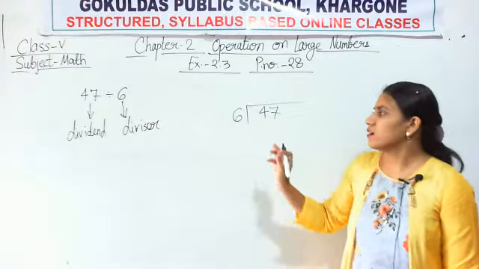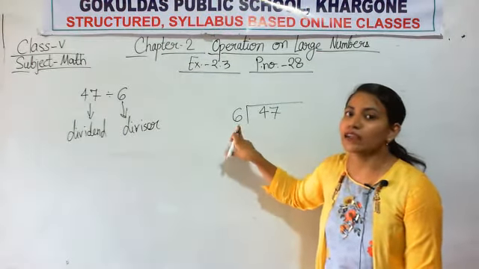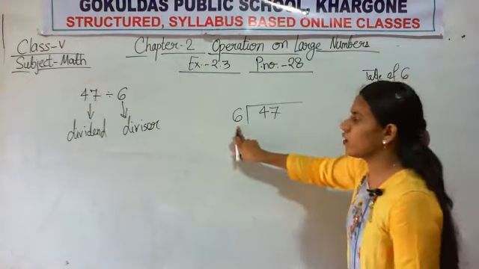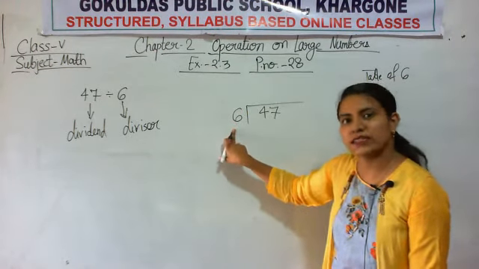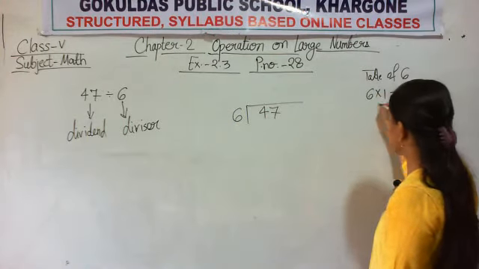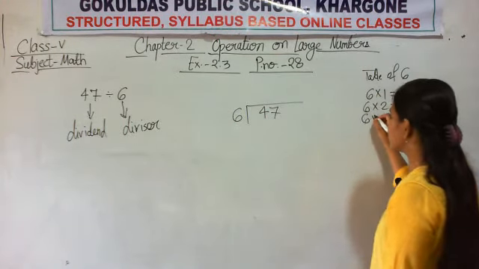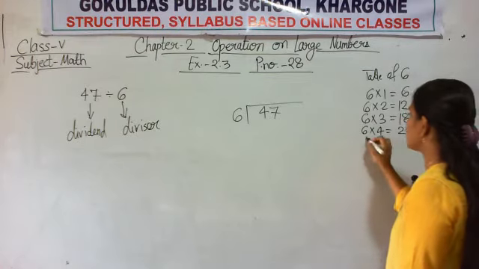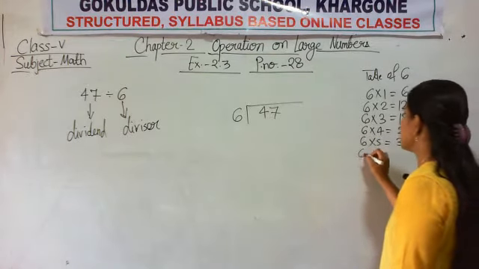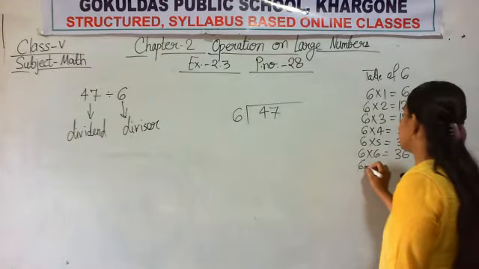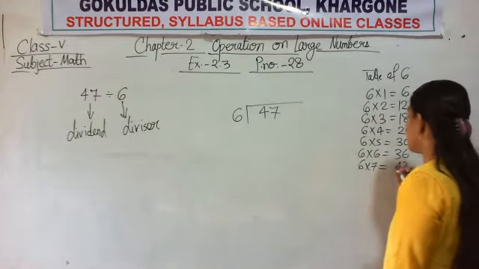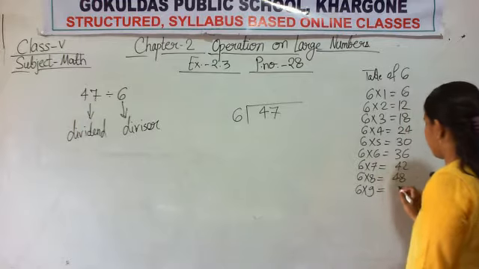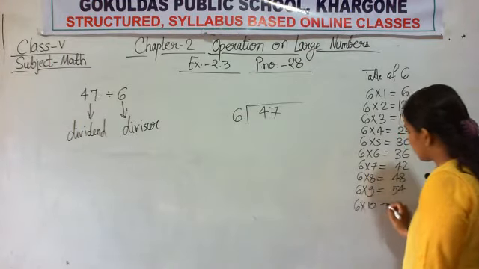Your divisor is 6, so you require the table of 6. 6 ones are 6, 6 twos are 12, 6 threes are 18, 6 fours are 24, 6 fives are 30, 6 sixes are 36, 6 sevens are 42, 6 eights are 48, 6 nines are 54 and 6 tens are 60.